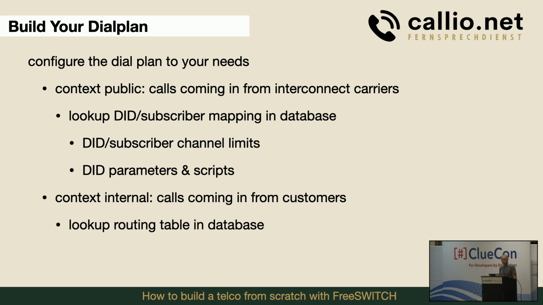Within this, you have to program a script which looks up the DID subscriber mappings in the database, gets channel limits if you're working with them, and gets some parameters and scripts based on any DID. And the internal context handles the calls coming in from your customers, and there you have to look up your routing table just to know where to send your calls to which interconnection carrier.